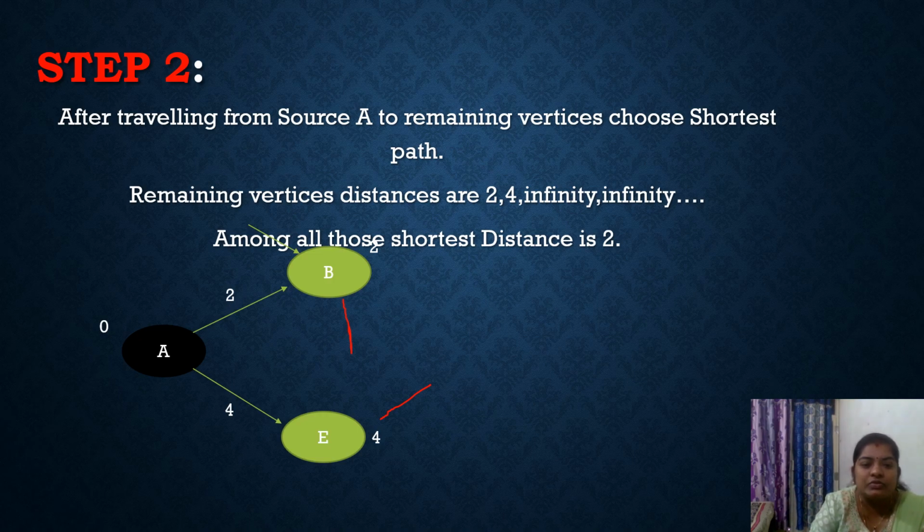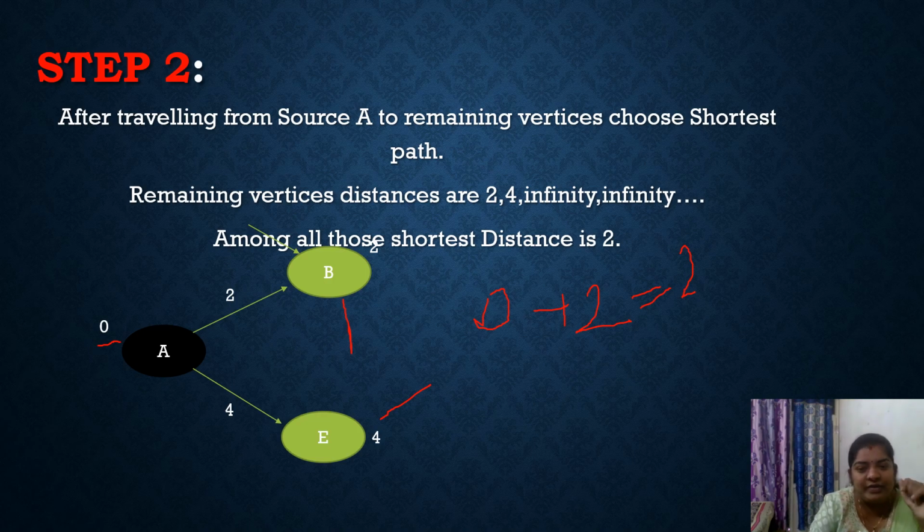That is 2 as well as 4. So the already traveled distance is 0. So 0 plus 2, the value is 2. And next 0 plus 4, the value is 4.